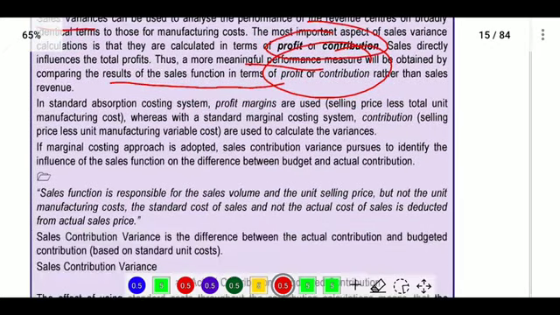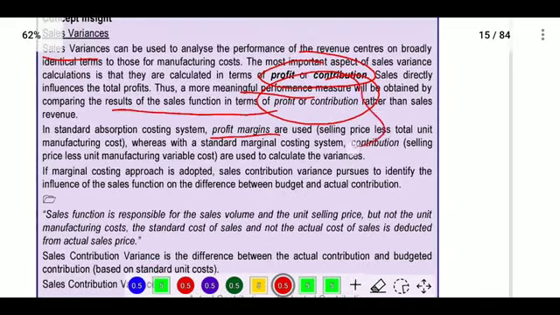Next, in a standard absorption costing system, profit margins are used: selling price minus total unit manufacturing cost. Whereas in a standard marginal cost system, contribution is used. Contribution means selling price minus unit variable cost.